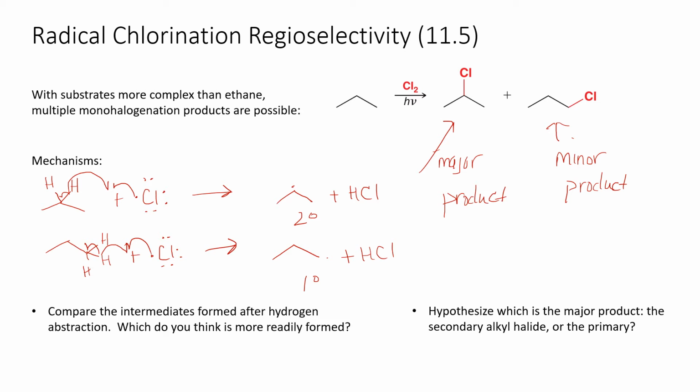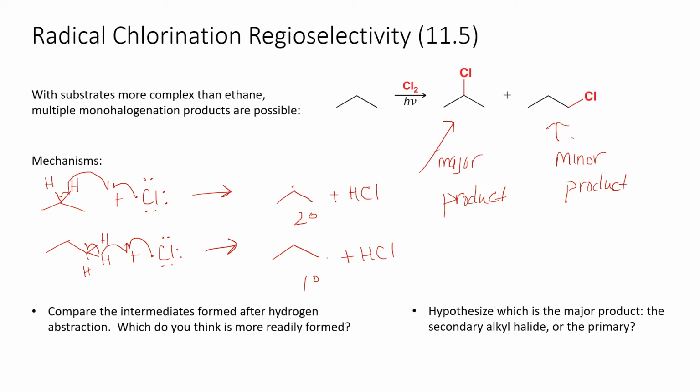So remember, when we're dealing with substrates that are more complex than ethane, we can get multiple monohalogenation products. And so when we're thinking about that, we always think about the type of radical or that radical intermediate. So remember, stability follows that of the carbocation.